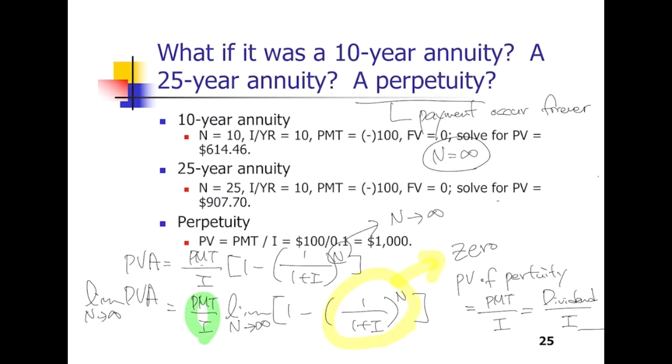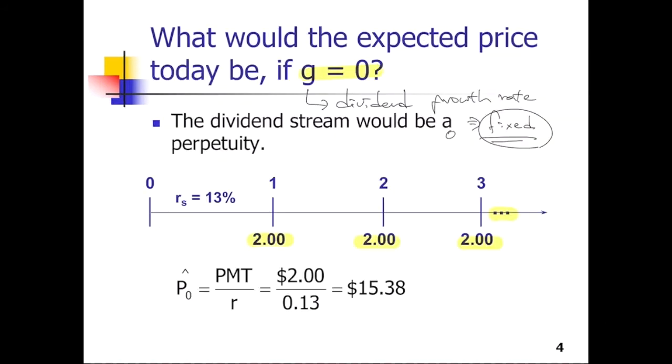Yes, we learned it in this slide. The value of a perpetuity can be calculated by PMT over I, right? So in this case, the PMT is the dividend and R is the discount rate. What is the dividend here? Yeah, $2, right?